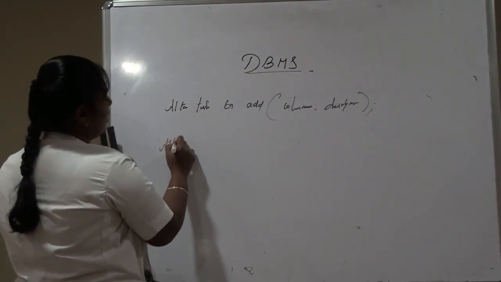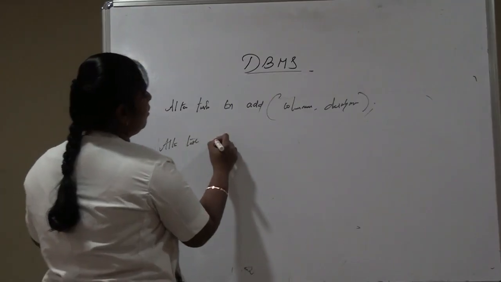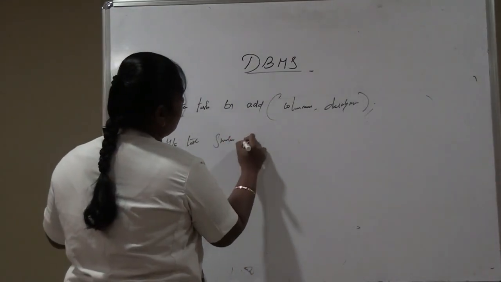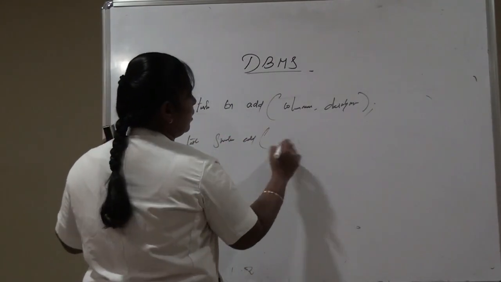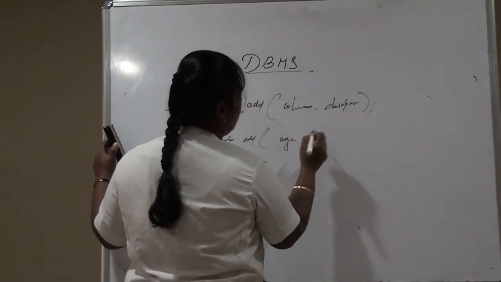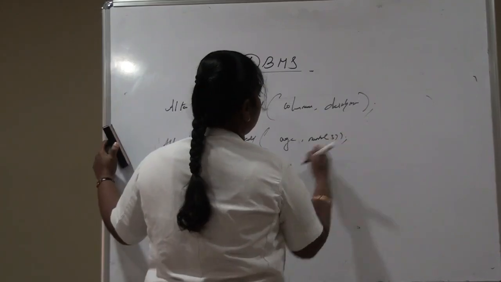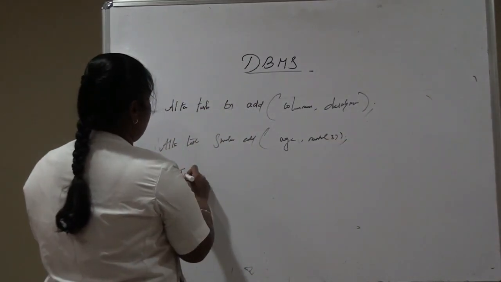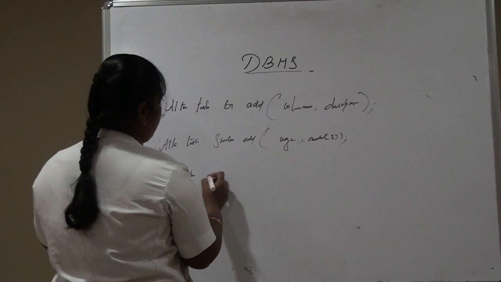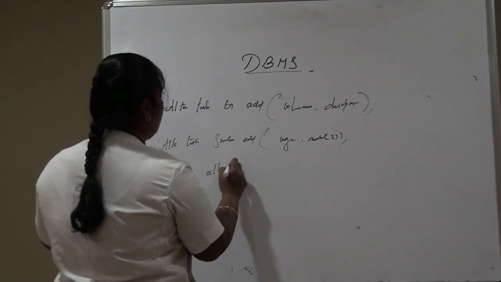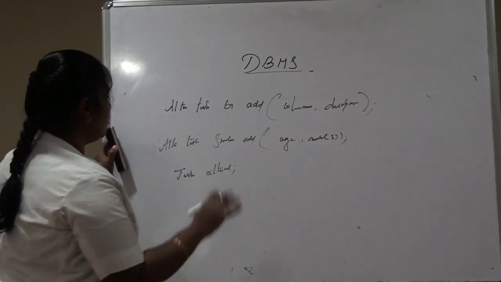Alter table student, add the new column name age, number. The table altered output will be retrieved. The table altered output we have to capture.